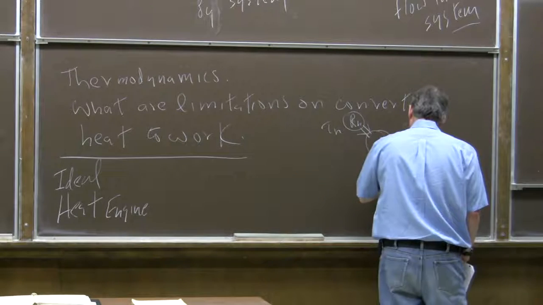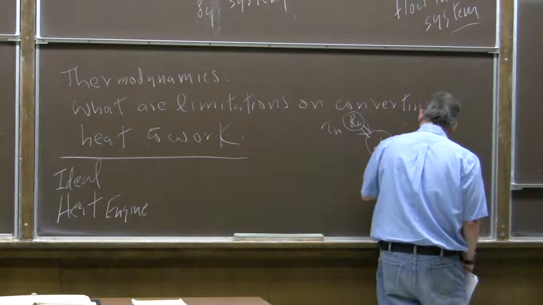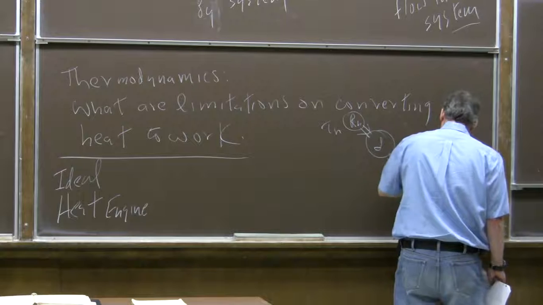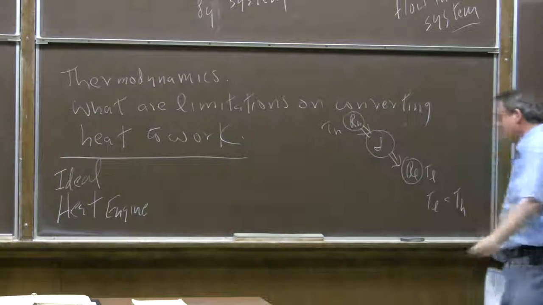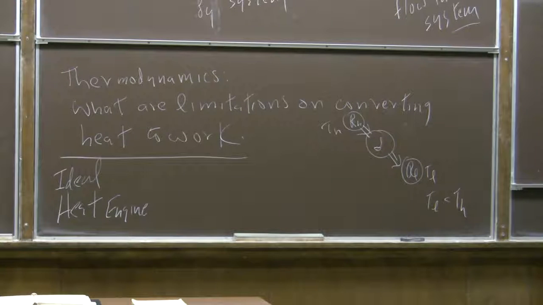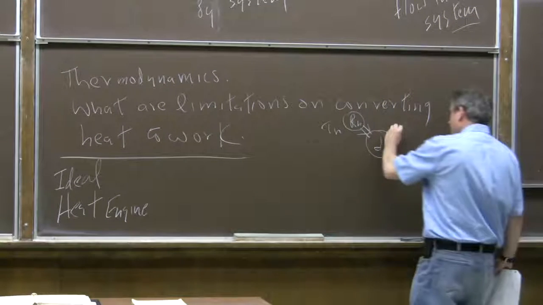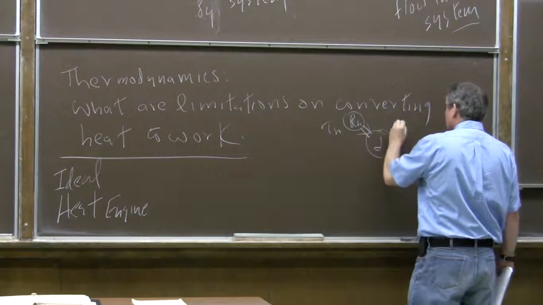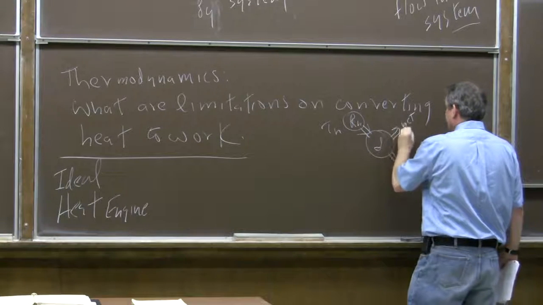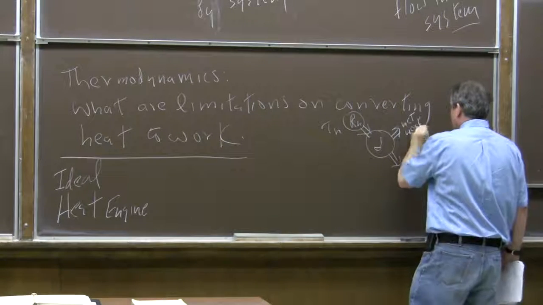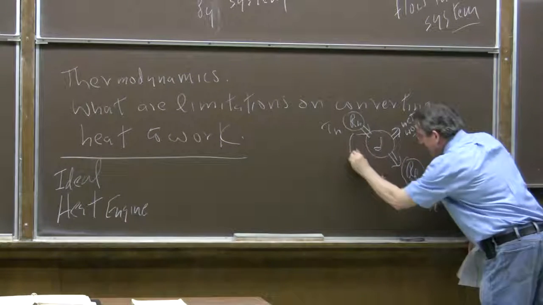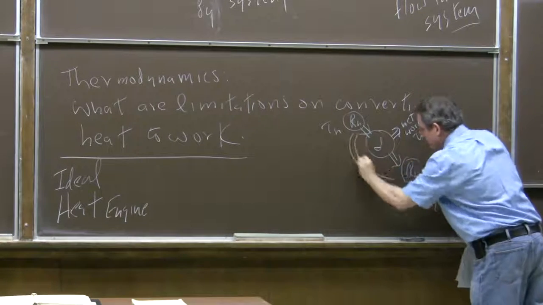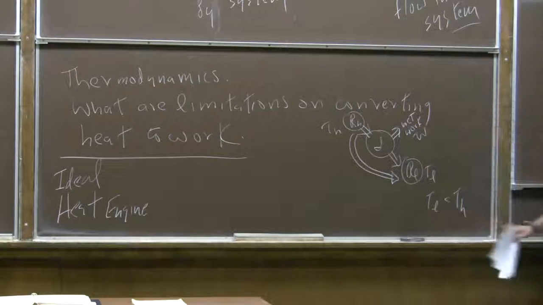It expels heat to a low temperature reservoir, at a temperature tau L. Tau L is less than tau H. And it produces some work, W, taking advantage of net heat flow from the high temperature reservoir to the low temperature reservoir.